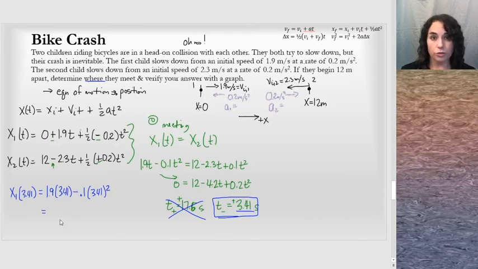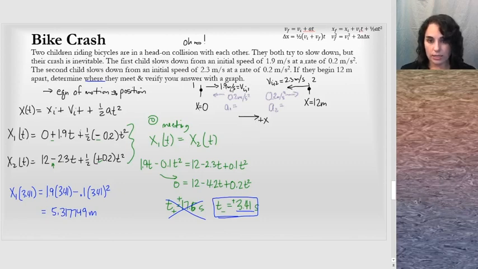When you run that through your calculator, you get 5.317749 meters. With one or two significant figures, we're looking at 5.3, which makes sense when I look at it.